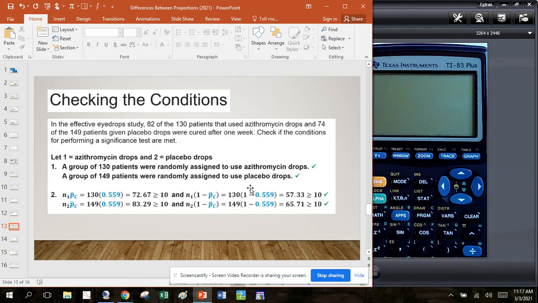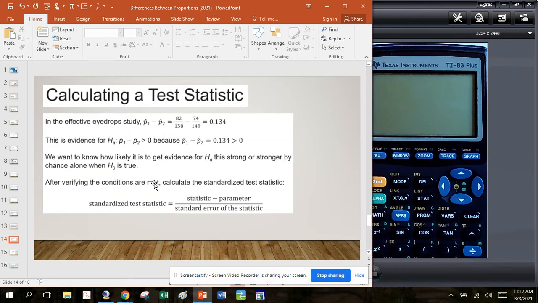In each of these cases, the pooled proportion multiplied by the sample sizes is greater than or equal to 10. And like I said before, we randomly assigned the patients to the two different groups. And because it's an experiment, we don't need to conduct a 10% independence test here. We would if we weren't doing an experiment.